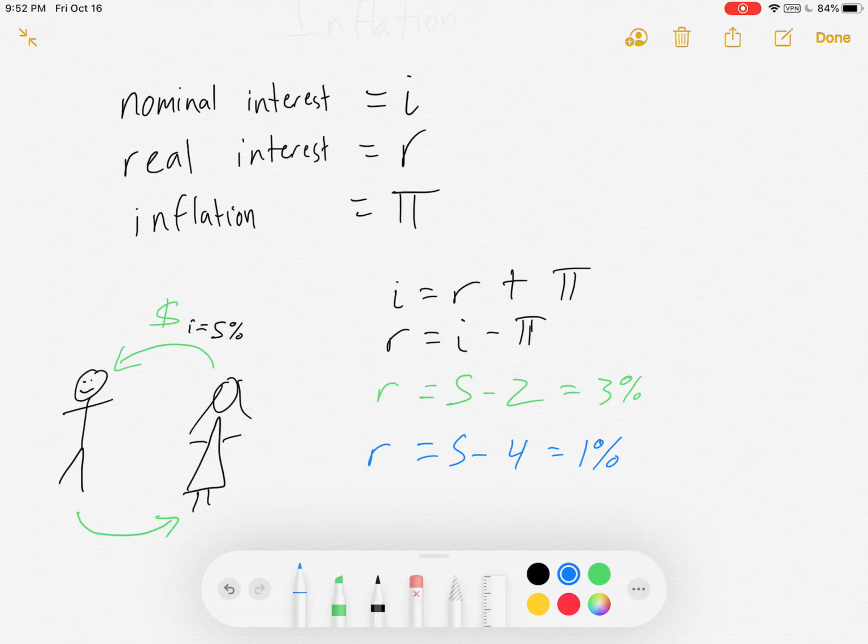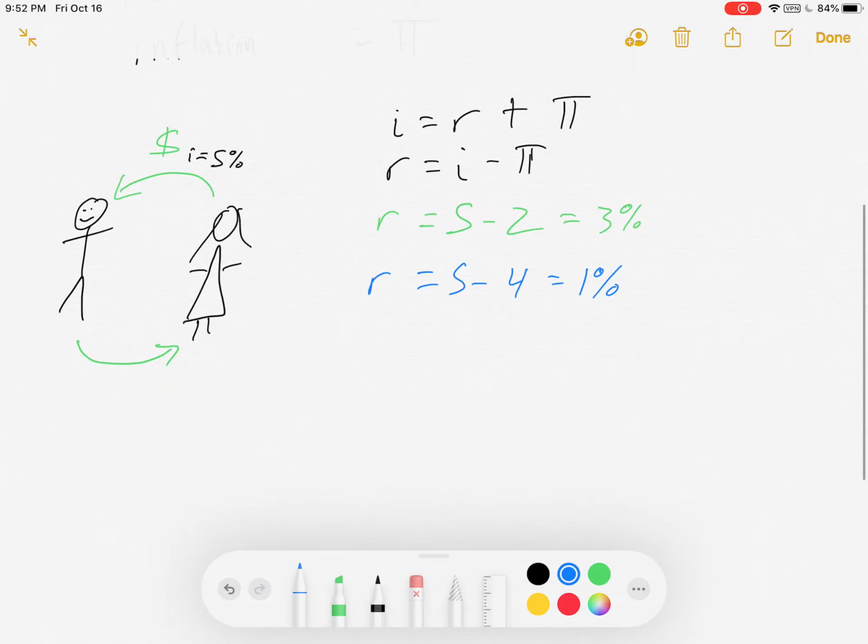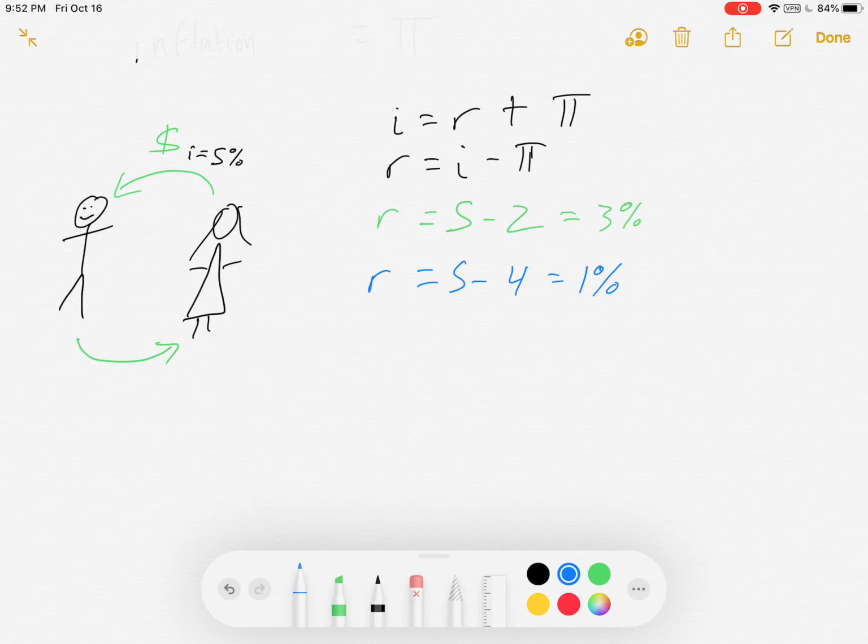Here's the thing though, guys. Bankers know that this is happening. Bankers know that there's inflation, and they know that the inflation takes away from their future payments. So what's more likely to happen? Chances are your banker is going to have some sort of target interest rate. They'll say, we want to have a 3% interest rate, and we expect inflation to be 2%.